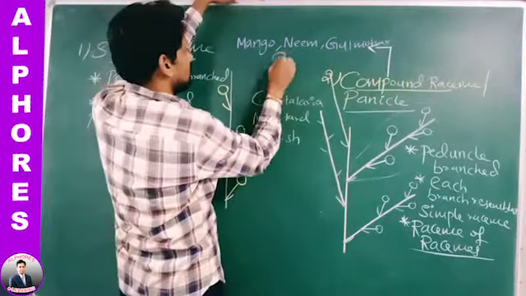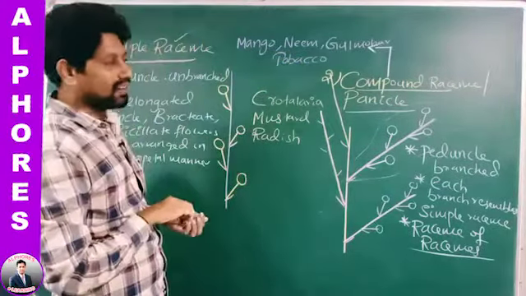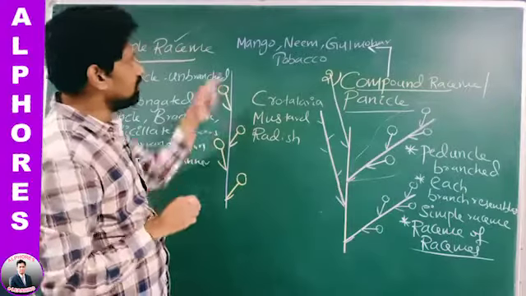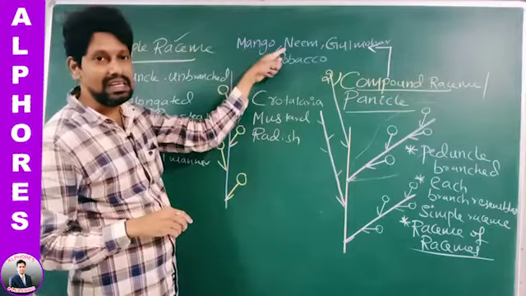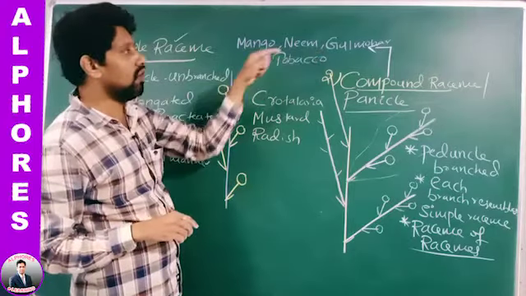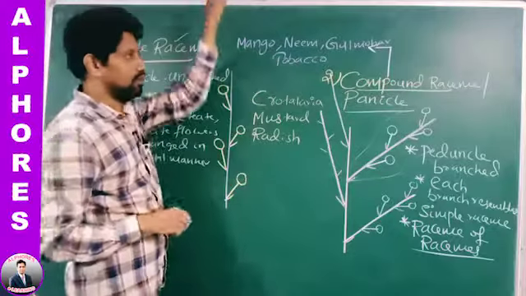And next one is tobacco. Therefore, what are the examples for compound raceme? Mango, Mangifera indica. Neem. Number 3, Gulmohar. Number 4, tobacco.